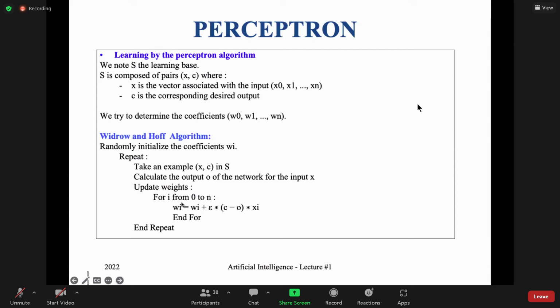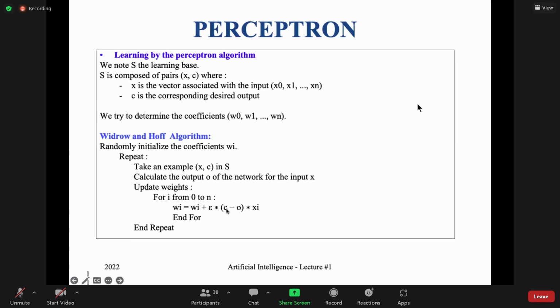So we calculate the new synaptic coefficient with this operation. With this, C is the corresponding output that I want to obtain, and O is what I obtain with the artificial network, with the perceptron. As I explained also, we can have some mistakes. So if C and O are different, I have to calculate the new coefficient.